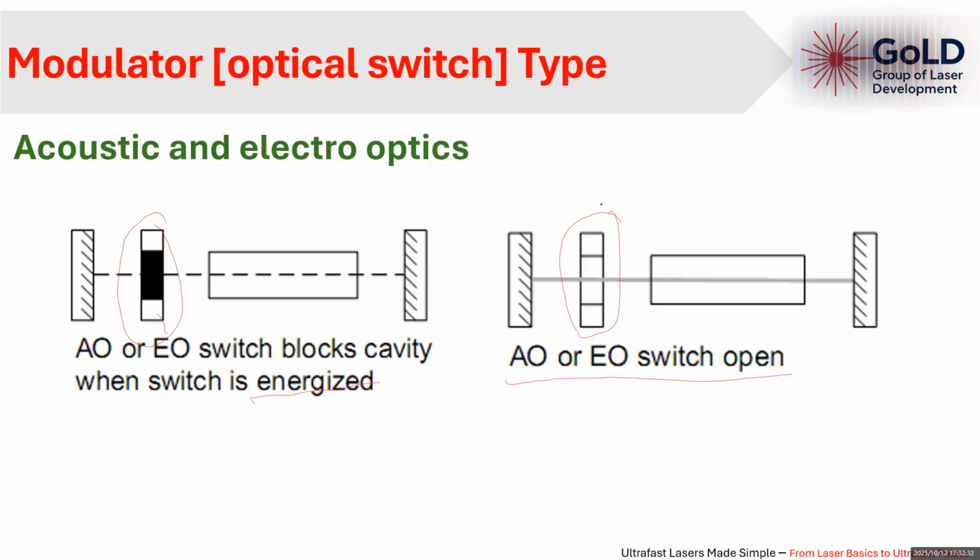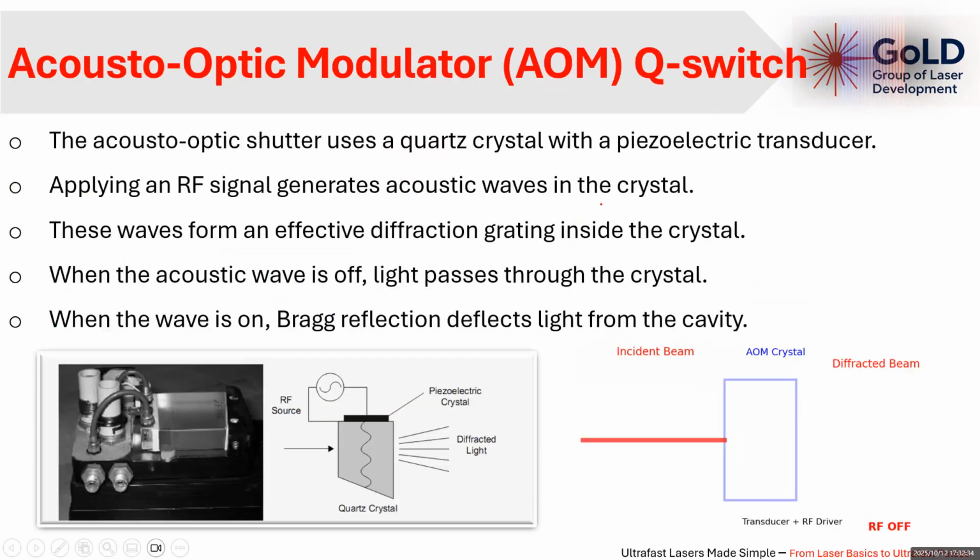So what devices are used to have a Q switch, but not the mechanical one? It's an electro-optic one, an acousto-optic one, or an optical switch, you can say. What do you see here on this slide?